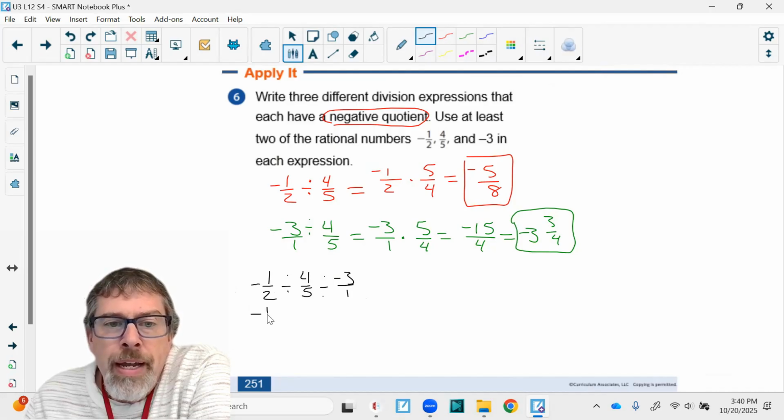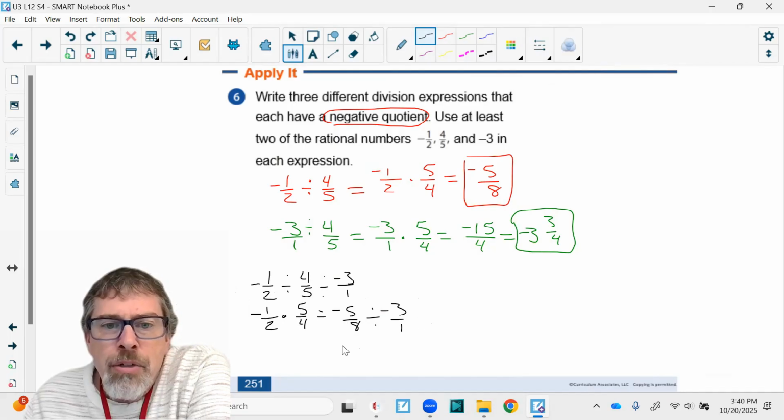So -1/2 divided by 4/5 is the same as -1/2 times 5/4, which equals -5/8, which I got up here already. And now I'm going to divide that by -3 over 1, and that is going to be -5 over 8 times a -1 over 3.